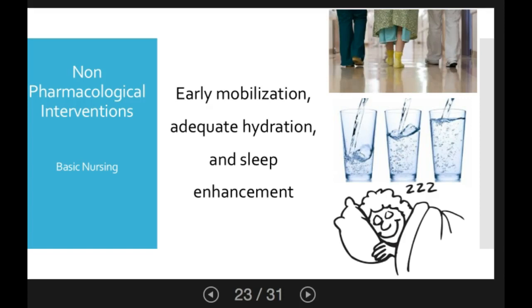So for instance, maybe moving lab draws till after 6 in the morning, and just allowing for longer periods of sleep at night. You could look at scheduling of medications and tests and vital signs at times that would allow there to be a significant period of rest during the night.